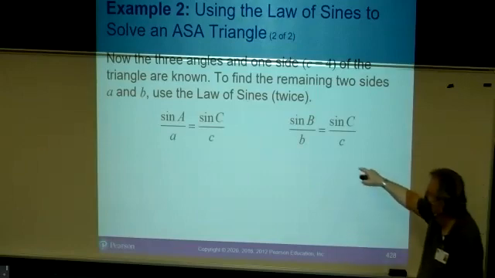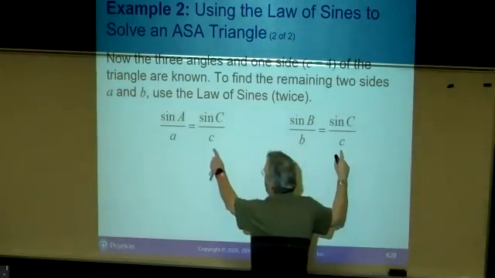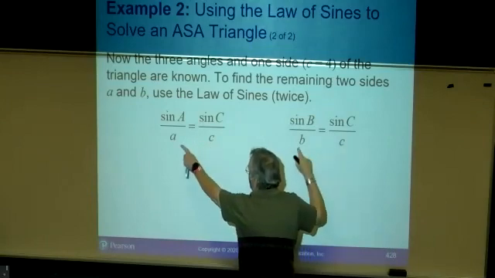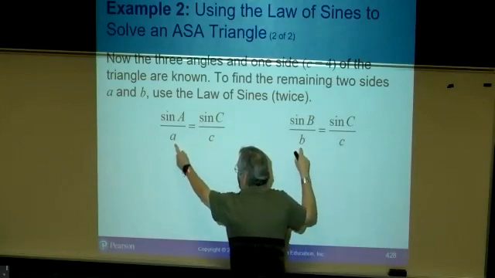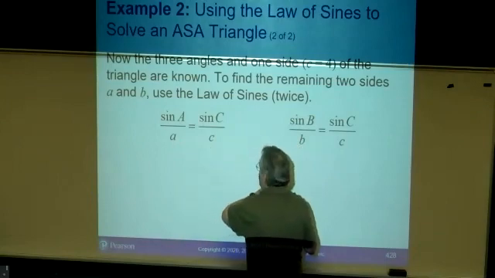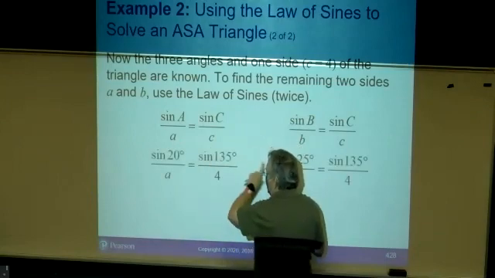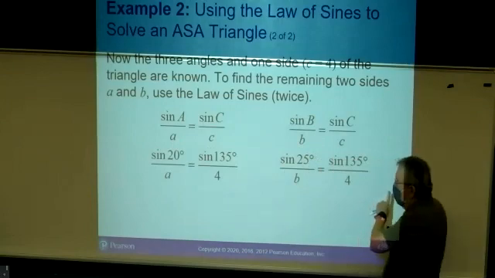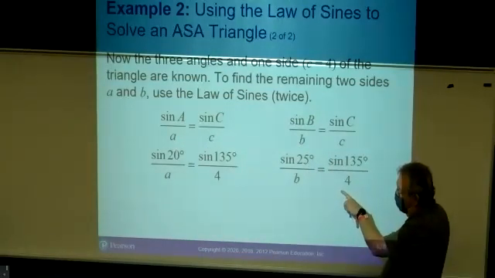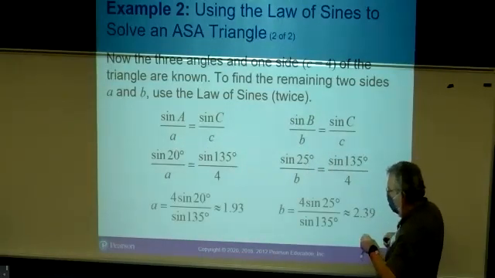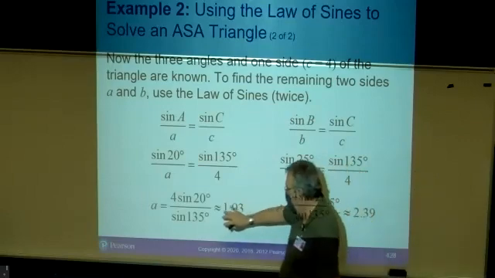C. So we set it up with sine of C over C equals the 2 sides we don't know. So again, you do the cross multiply and divide, plugging in the numbers we know. And then they do the cross multiply and divide to get these two things here.